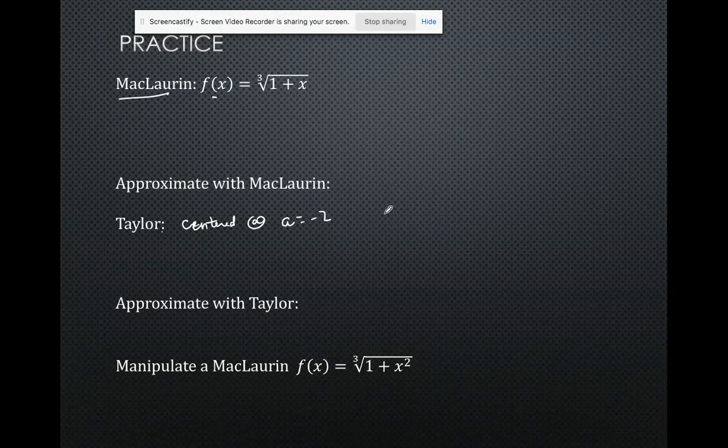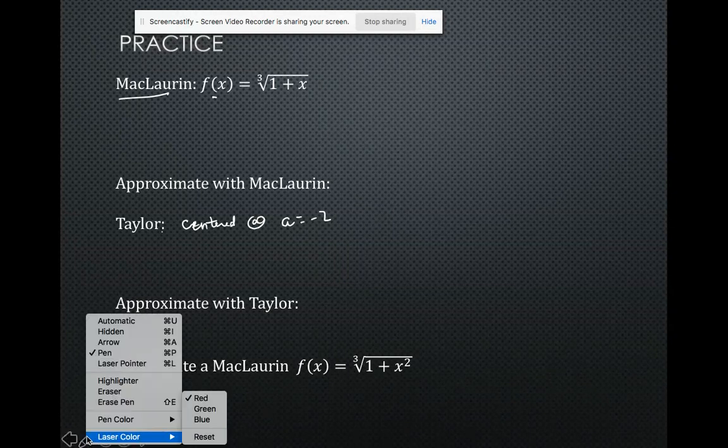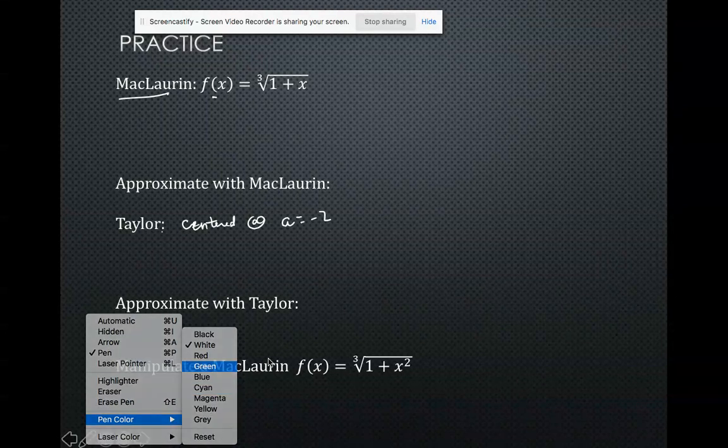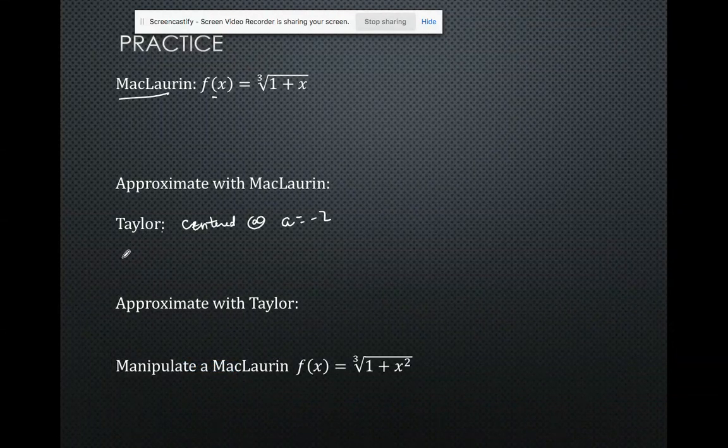So I have the same derivatives. Now I erased them, but I assume that you did not. So the first part is exactly the same, right? So the Taylor polynomial is going to look like f of... no. f of what? -2, right?